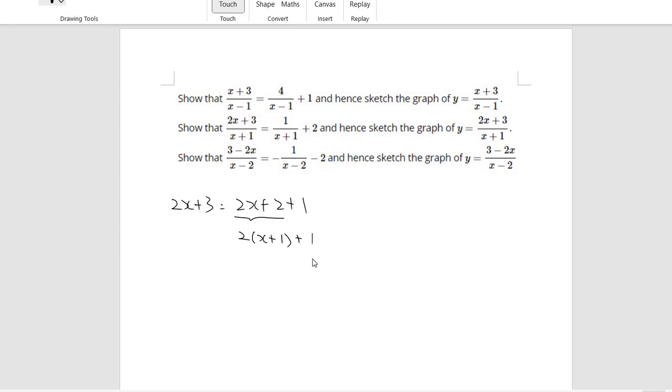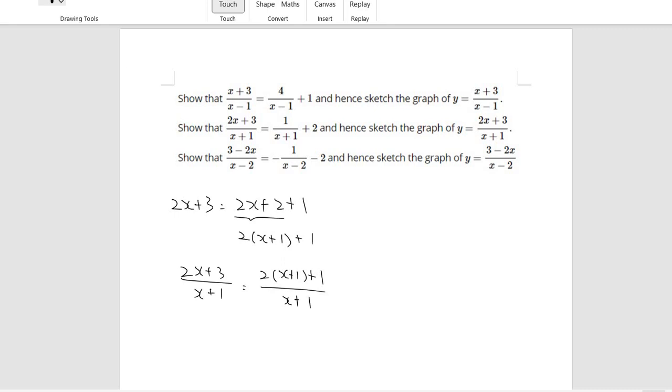So that's why 2x plus 3 can be rewritten as 2 bracket x plus 1 plus another 1. Therefore, the overall algebraic fraction, 2x plus 3 over x plus 1, can be rewritten as 2 bracket x plus 1 plus another 1, over x plus 1.